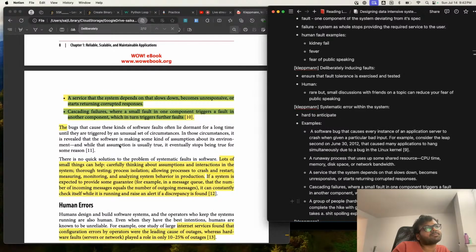Carefully thinking about assumptions and interactions in the system, thorough testing, process isolation, allowing processes to crash and restart, measuring, monitoring, and analyzing system behavior in production. If a system is expected to provide some guarantee, for example in a message queue, the number of incoming messages is equal to the outgoing, it constantly checks itself and raises an alert if a discrepancy is found.